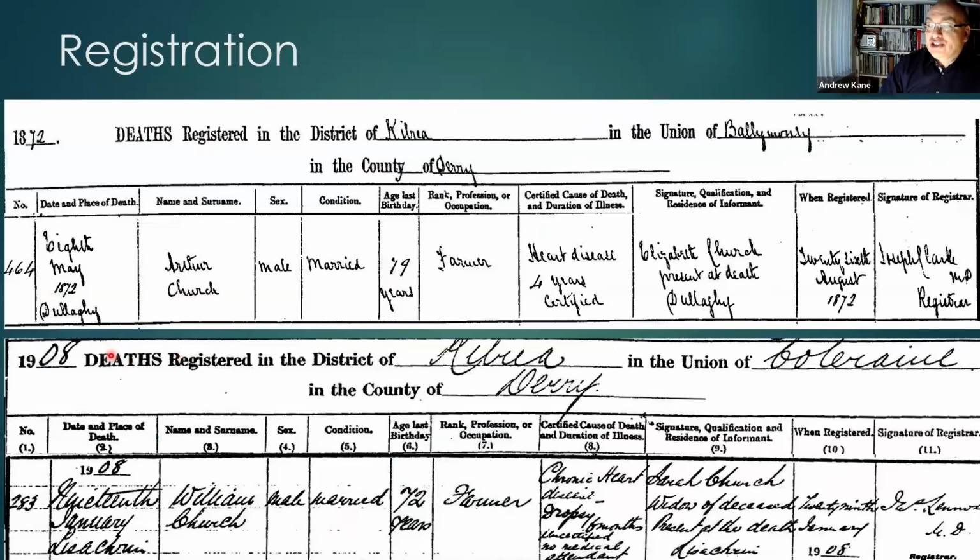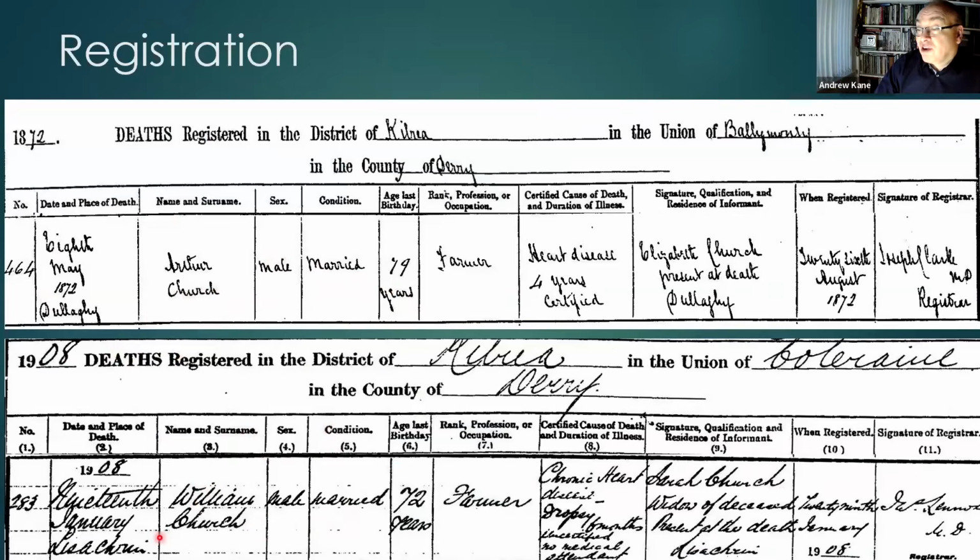So this is just to show how you can find that these poor law unions stroke registration districts have changed. This is my great-grandfather and my great-great-grandfather who died in the same place, but 36 years apart.